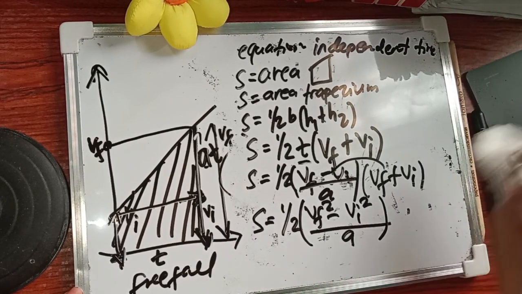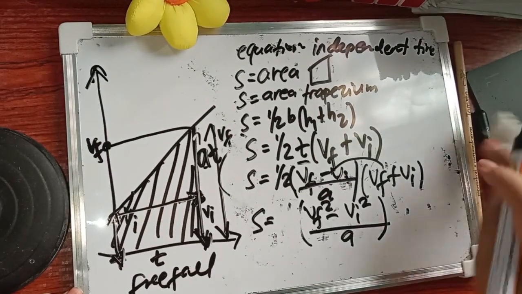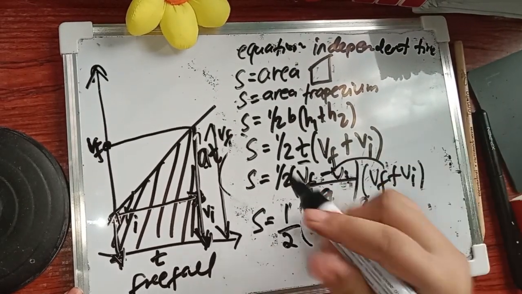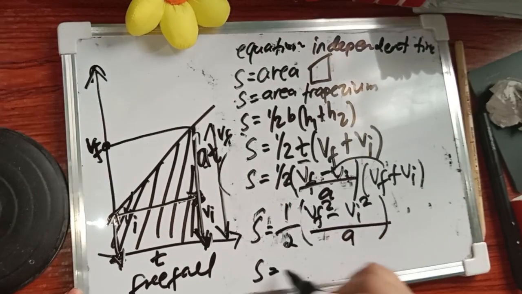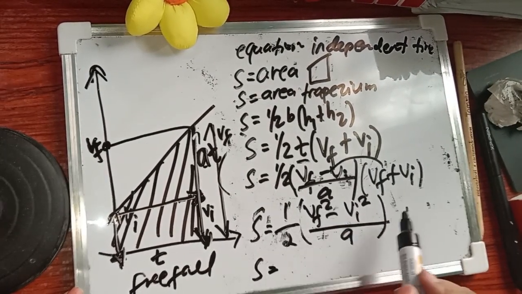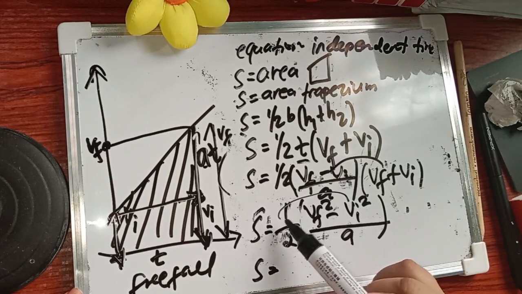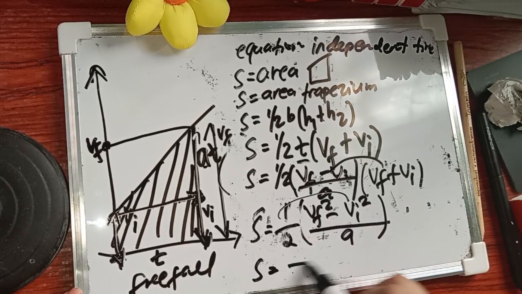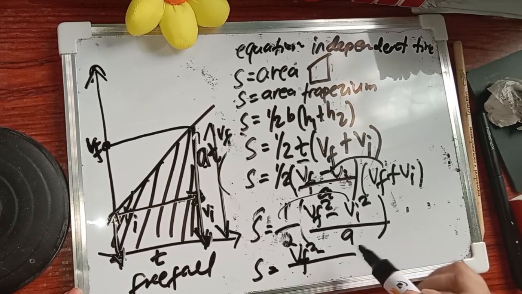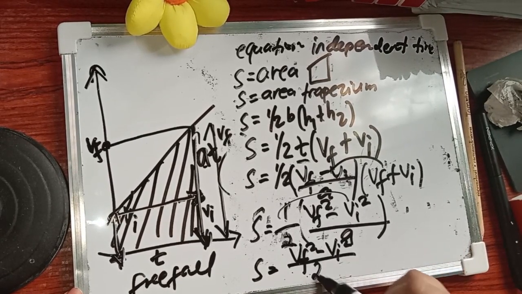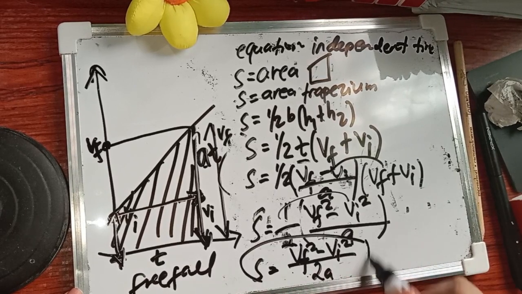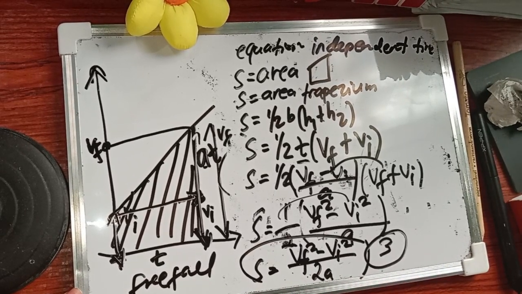Let me arrange the 1 half multiplied by vf squared minus vi squared over a. 1 multiplied by the numerator, you just have to copy that, vf squared minus vi squared over 2 times a, that is 2a. This is the third equation or the third formula.